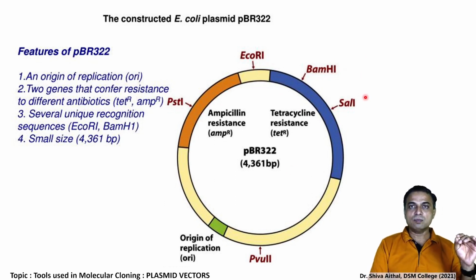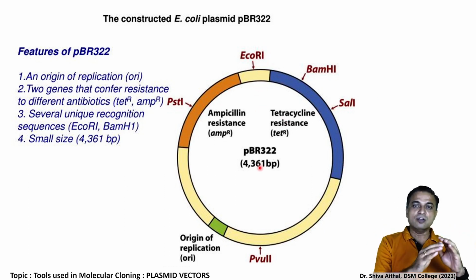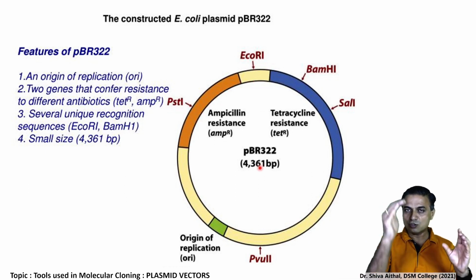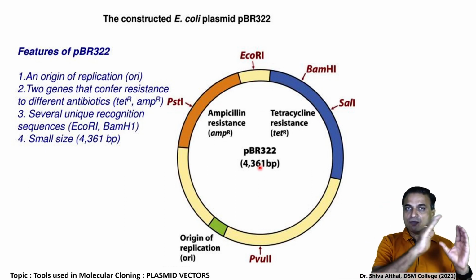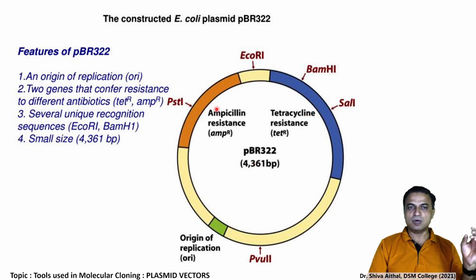The other is SalI, which is within the same gene, that is the tetracycline resistance gene. There is an EcoRI site on a plain site, meaning you can introduce your gene of interest without disturbing the antibiotic markers.